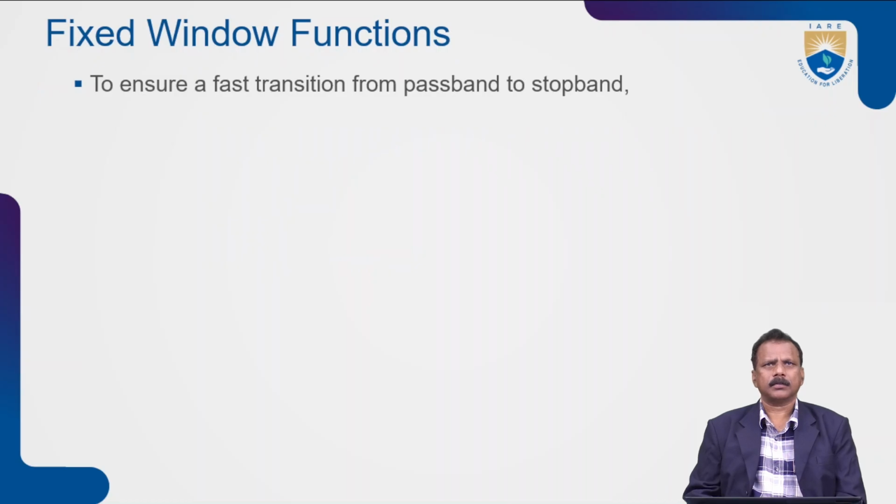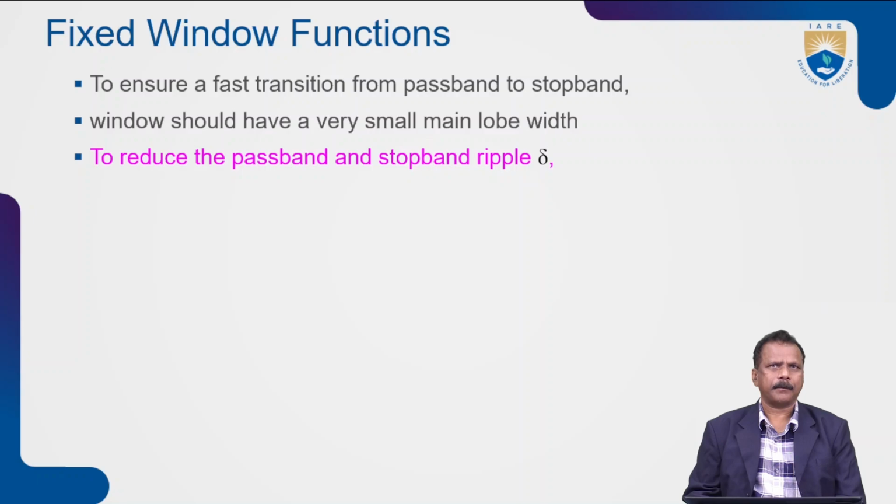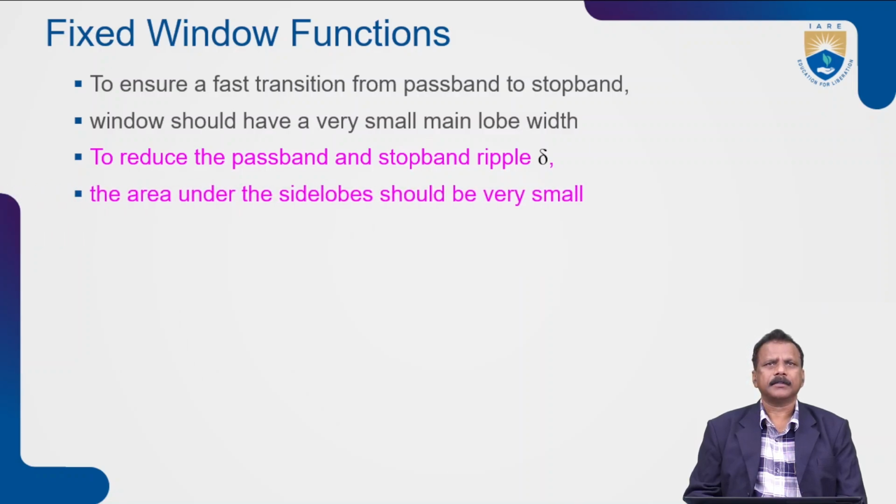To ensure a fast transition from the passband to the stopband, the window should have a very small main lobe width. And to reduce the passband and stopband ripple, the area under the side lobe should be very small.